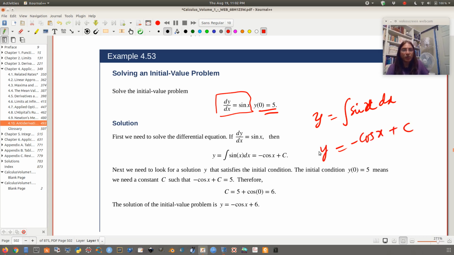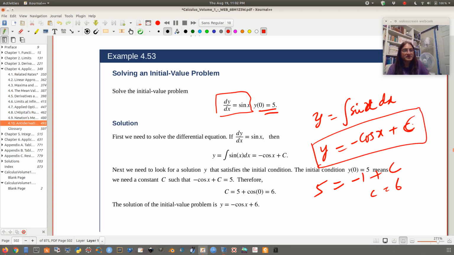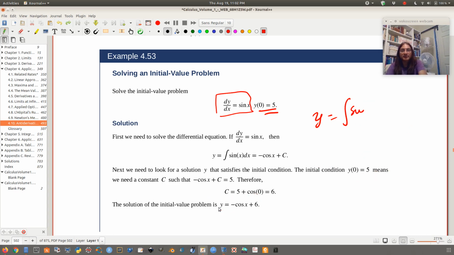Now plug in y of 0. Y of 0 should be 5, which equals negative cos of 0, which is negative 1, plus c. So c is 6. Therefore, our answer is 6 minus cos x, which is the solution to this initial value problem.